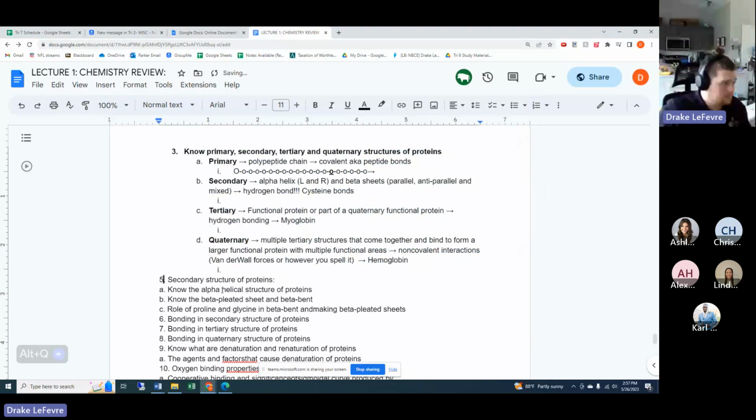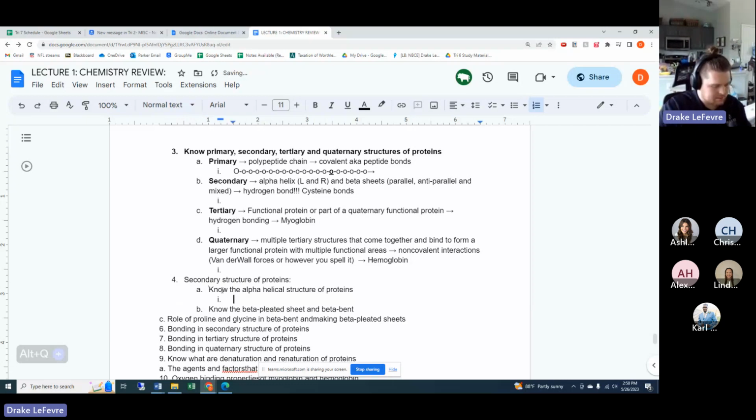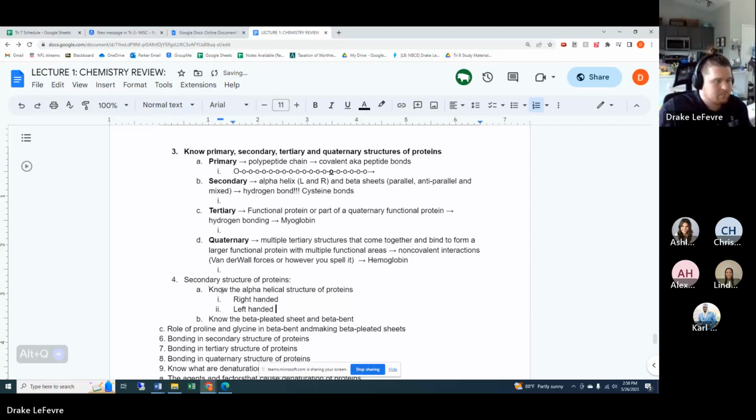Secondary structure of proteins. We just touched on this, but let's go a little bit further. Know the alpha helical structure of proteins. We mentioned that there's right-handed and left-handed, right? This is referring to the way that it spins.